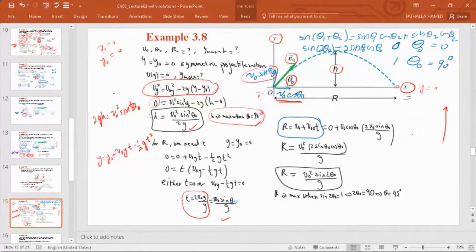Now, you know that there is a rule when you're dealing with trigonometry. Sine of theta 1 plus theta 2 is equal to sine theta 1 cosine theta 2 plus sine theta 2 cosine theta 1. So imagine if I make theta 1 theta 0 and theta 2 theta 0. So you will get sine theta 0 cosine theta 0 plus sine theta 0 cosine theta 0.